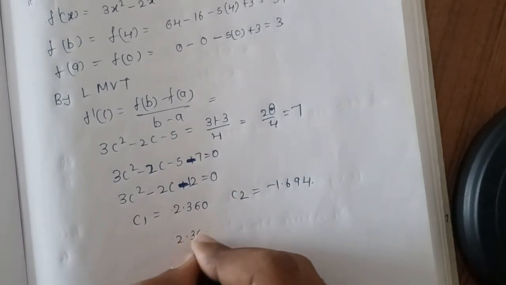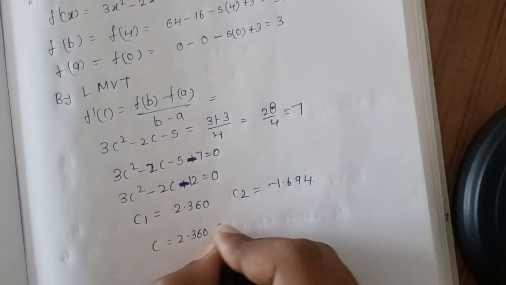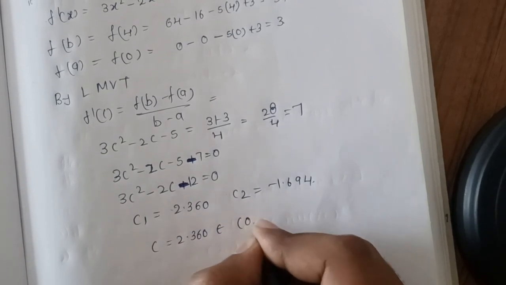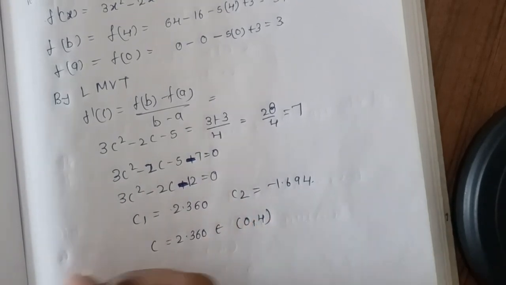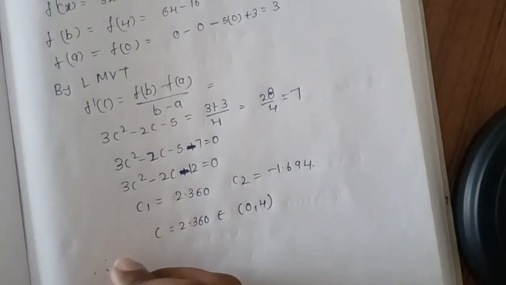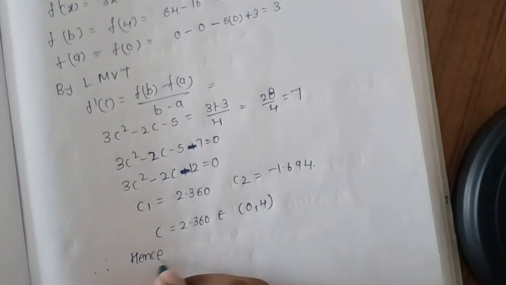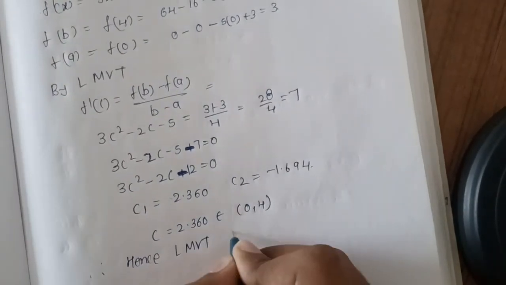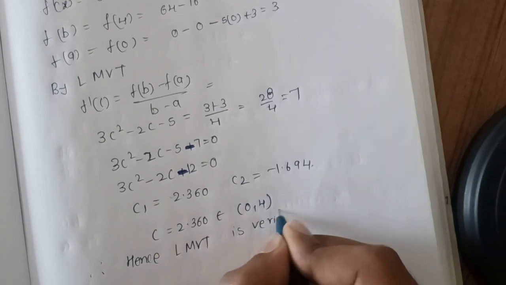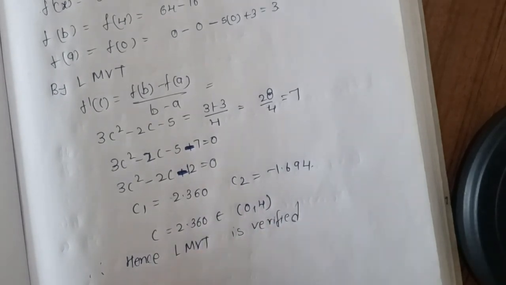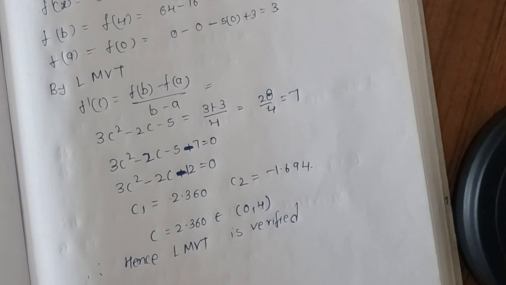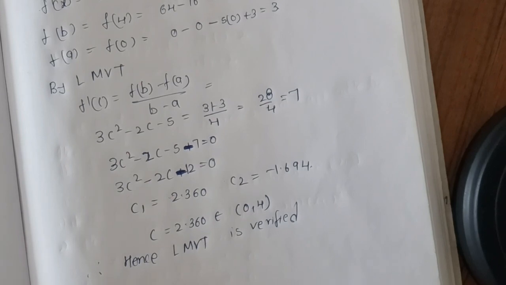Here 2.360, that means c belongs to open 0 comma 4. Hence LMVT is verified. Like this we have to solve many problems, and we will see the next problems also.